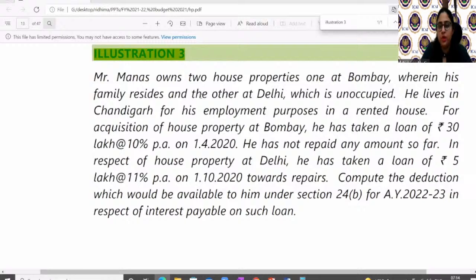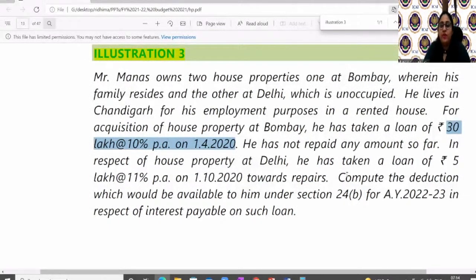For acquisition of a house property at Bombay, he has taken a loan of 30 lakhs on 1st April 2020. He has not repaid any amount so far in respect of the house property at Delhi. He has taken a loan of 5 lakhs at 11% on 1st October towards repairs. Compute the deduction which would be available under section 24B.